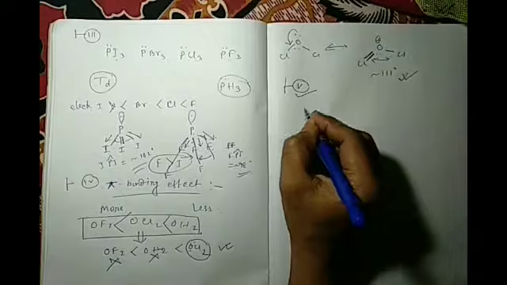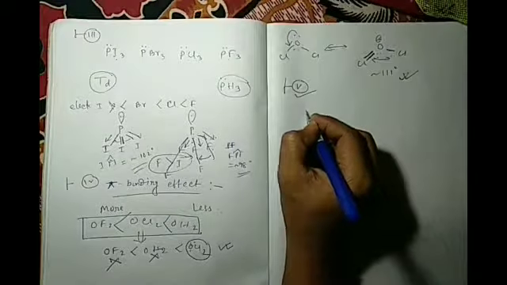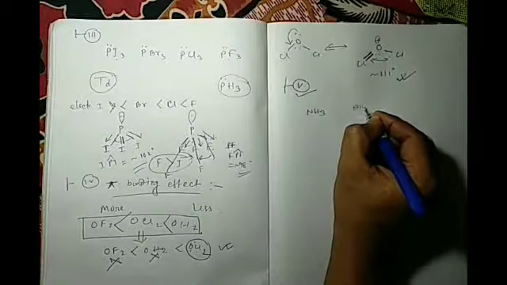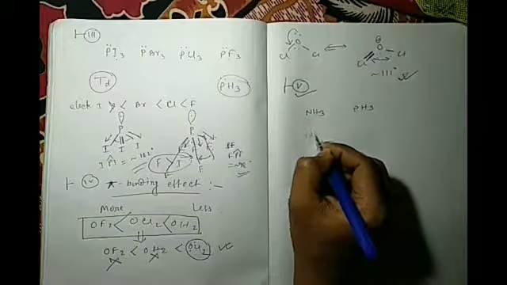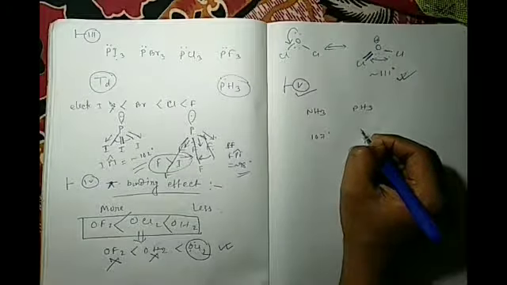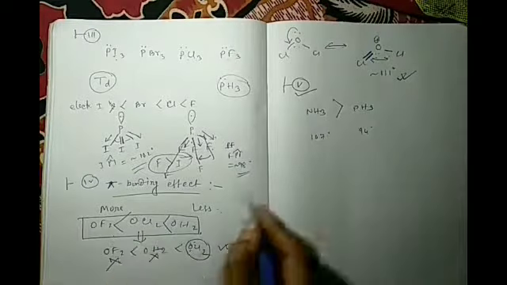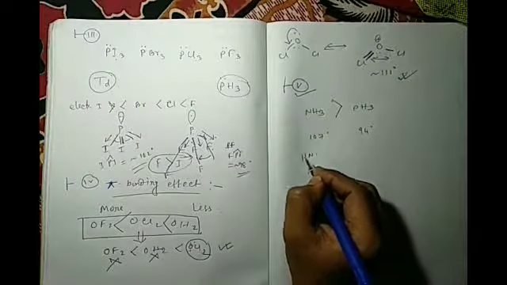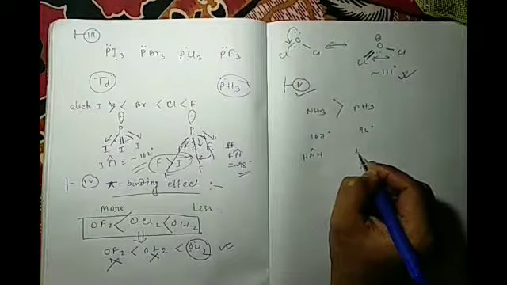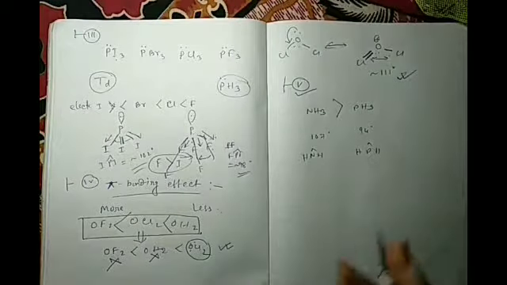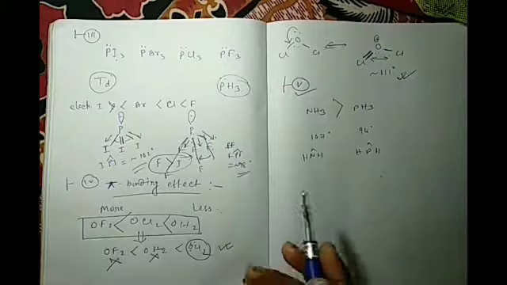One example we can explain is NH3 and PH3. The NH3 bond angle is 107 degrees and the PH3 bond angle is 94 degrees. So why is there this difference between the H-N-H bond angle and the H-P-H bond angle? We can explain this difference by the fifth rule.